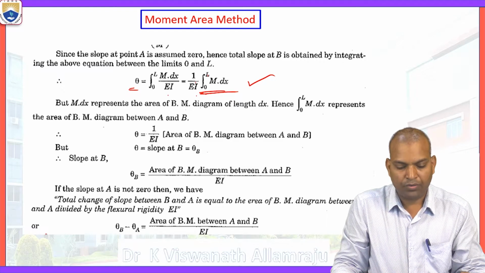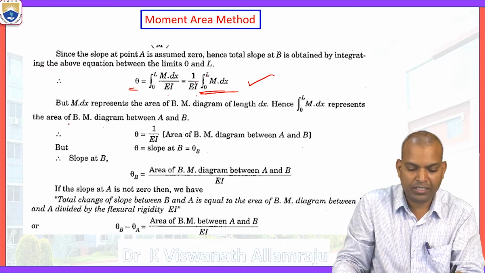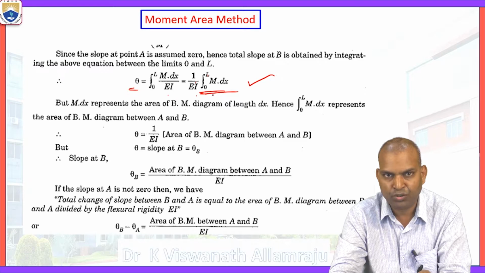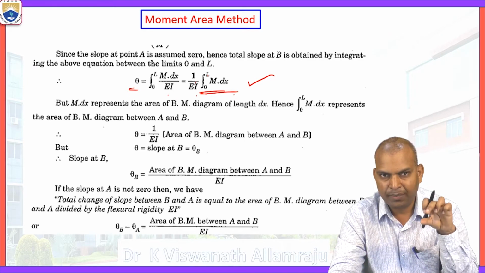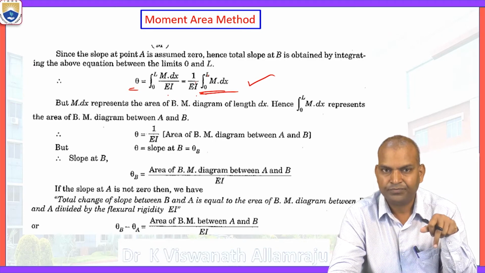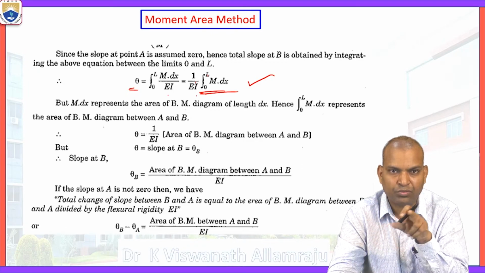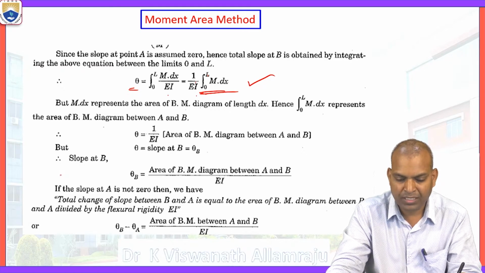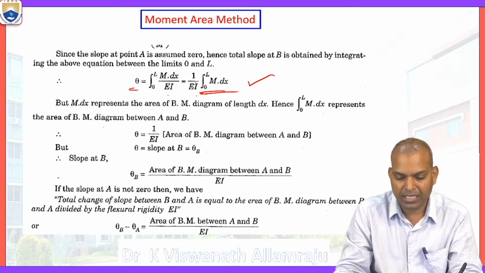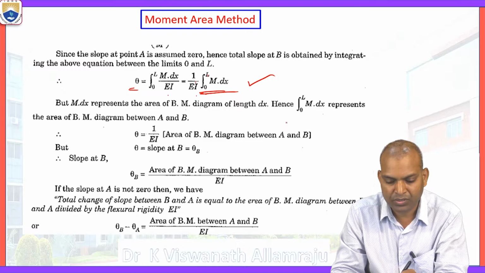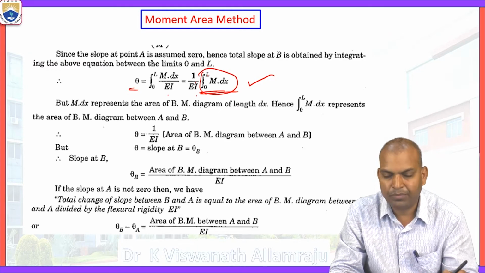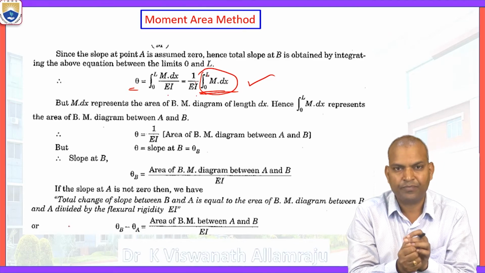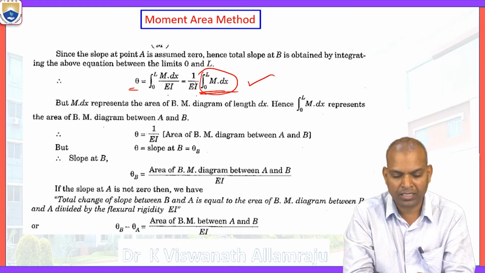Now, what does M dx represent? It is the area of the bending moment diagram: M is the bending moment value, vertical, and x is horizontal. So the integral from 0 to L of M dx represents the area of the bending moment diagram.